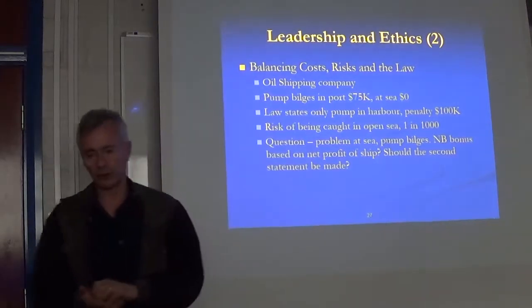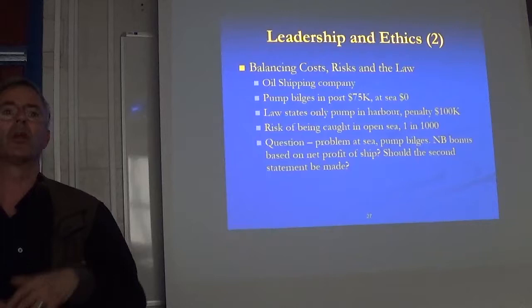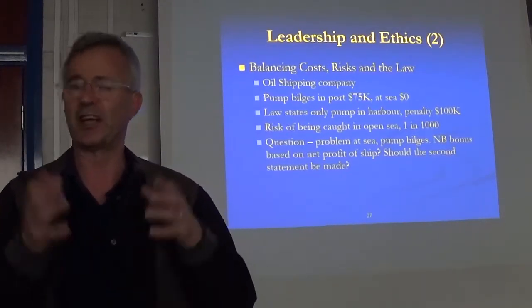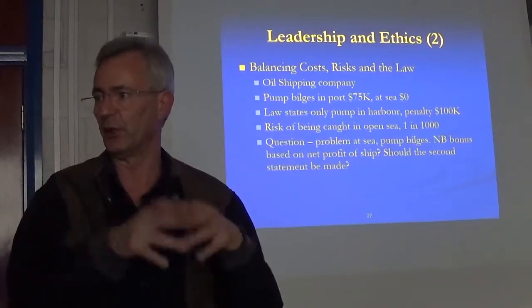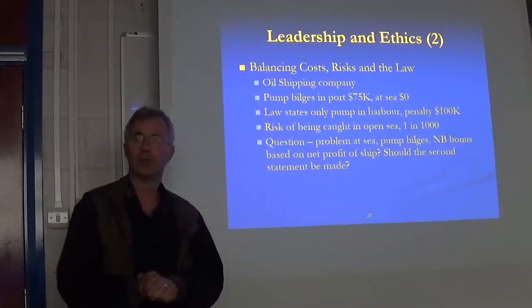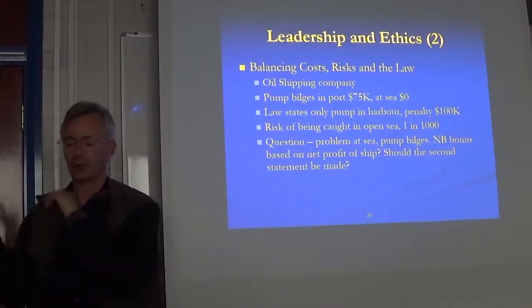If they pump the bilges as they're supposed to do in port, say the cost is going to be 75,000 US dollars as a charge for processing and separating the oil from the water and so on. But of course, if you do it at sea, the cost is zero because you just shut it out of the sea.